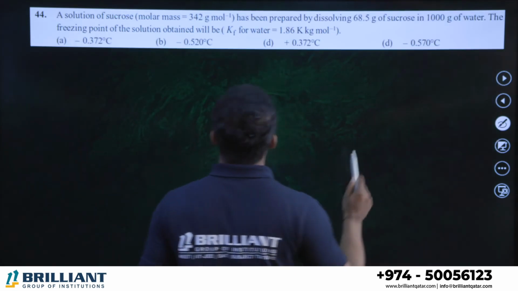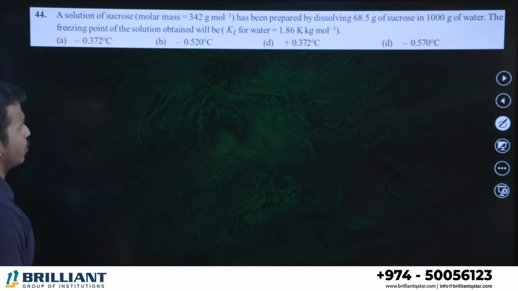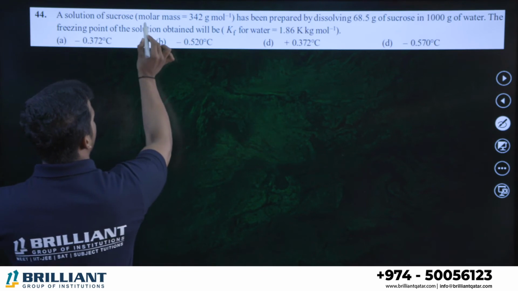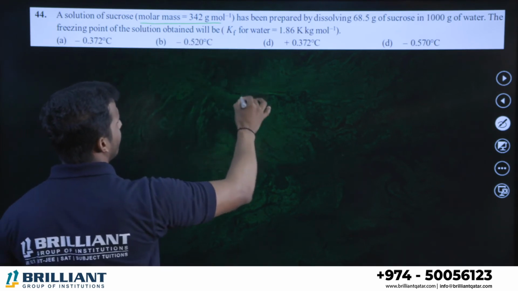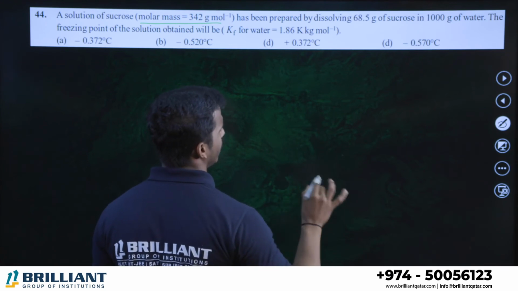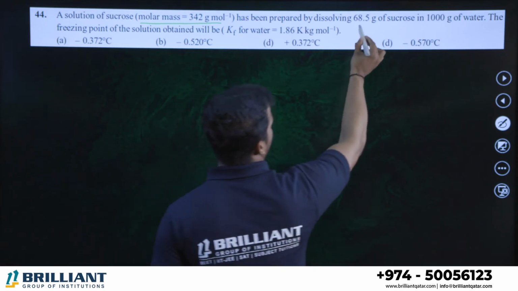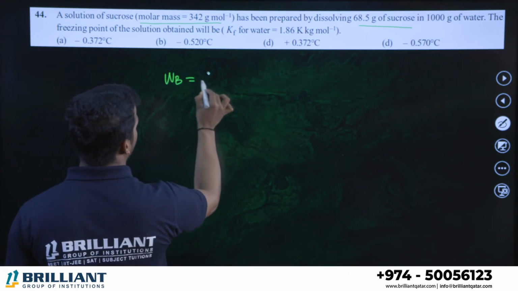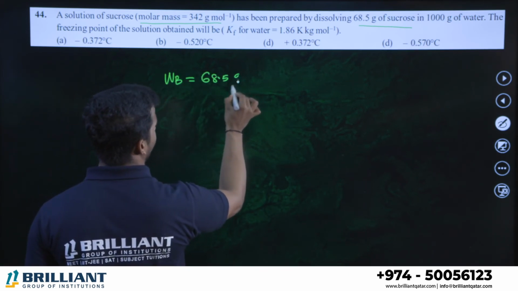Next question. A solution of sucrose, a numerical from the chapter Solutions. A solution of sucrose has been prepared by dissolving 68.5 gram of sucrose in 1000 gram of water. Sucrose is the solute, so the weight of solute WB is given, 68.5 gram.